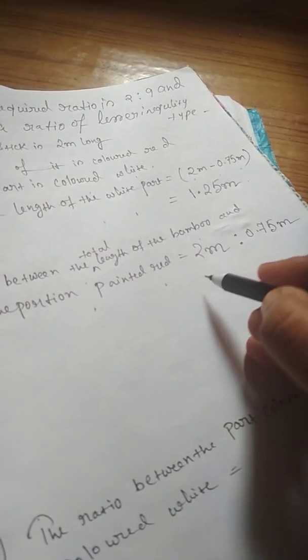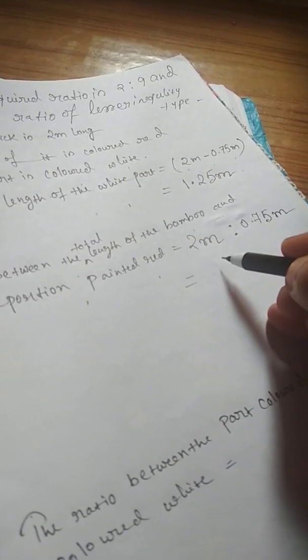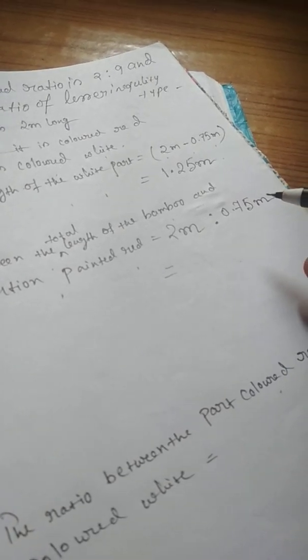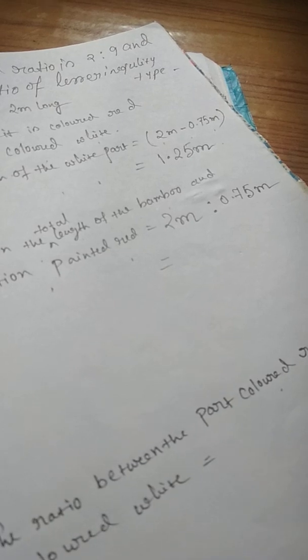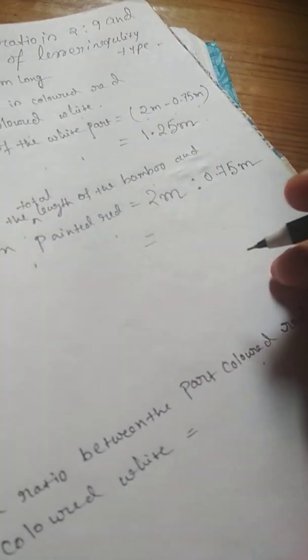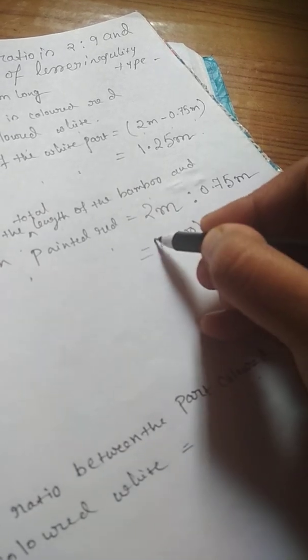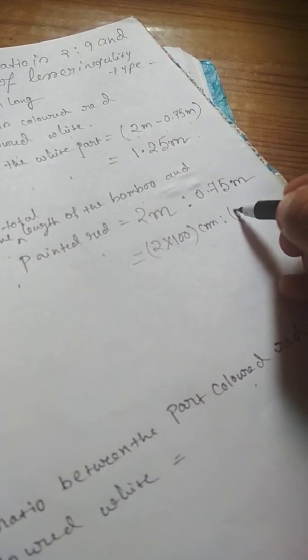I am changing it to centimeters because there is a decimal point, or you can change that decimal number to 75 by 100, but I am changing it to centimeters. The calculation will be easier.